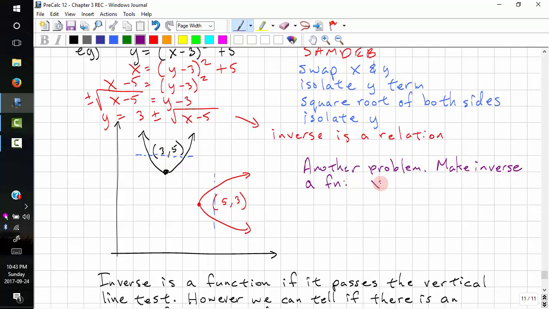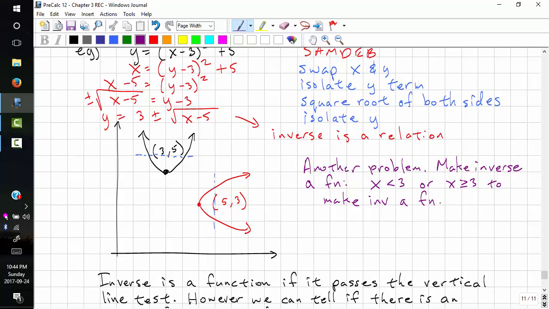So we can say x is less than 3, or x is greater than or equal to 3, to make the inverse a function. So it's just one of them, but not both of them together.